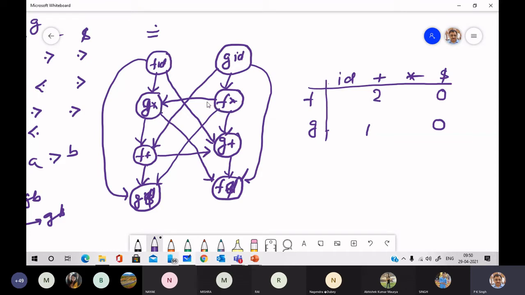Okay. Now G asterisk and F asterisk. G asterisk has 2 outgoing arcs. One gives path length 1 directly to the terminal node, and the other goes G asterisk to F plus to G plus.